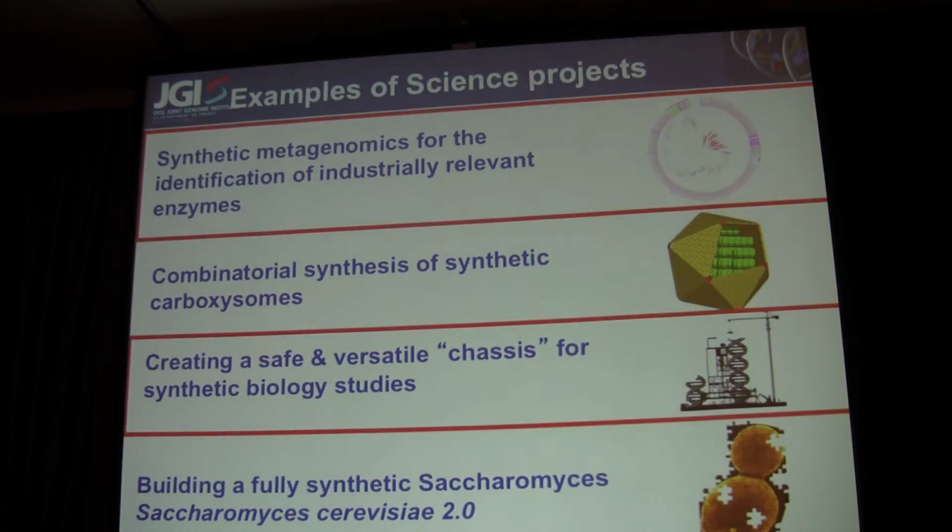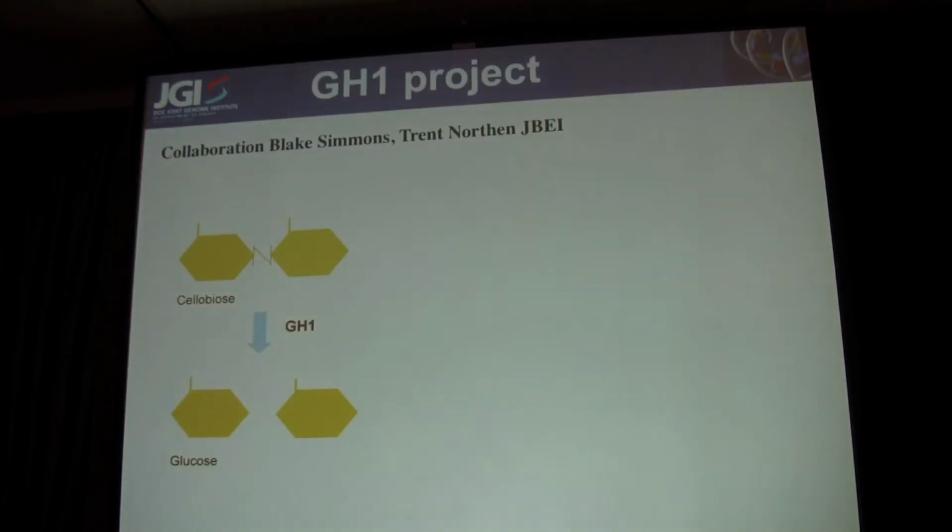So the two projects I want to focus on now are this Gh1 project and the chassis. The Gh1 project started as a collaboration with Blake Simmons, and you're all aware that one of the limitations for the development of cellulosic biofuel is the lack of sufficiently active and robust enzymes for the biomass breakdown.